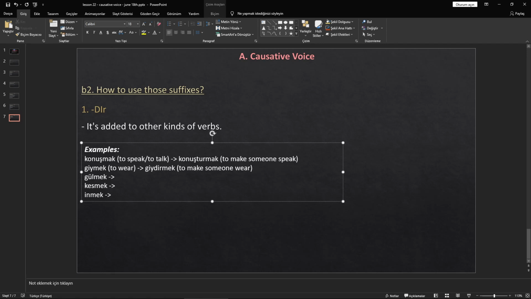I made my daughter wear a dress or a shirt. So I put clothes on her. And then gülmek. Güldürmek. Gülmek means to laugh. Güldürmek, to make someone laugh.